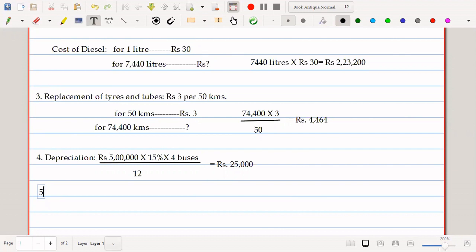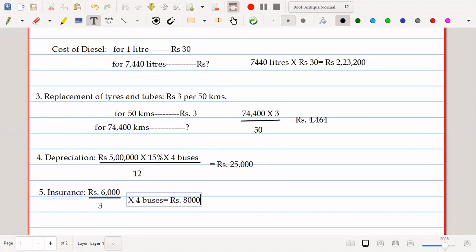Fifth working note is regarding insurance: rupees 6,000 divided by 3, since a quarter is 3 months, into 4 buses. That comes to rupees 8,000. So these are the working notes here.